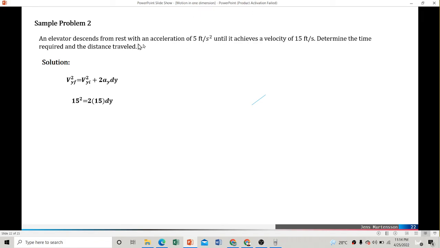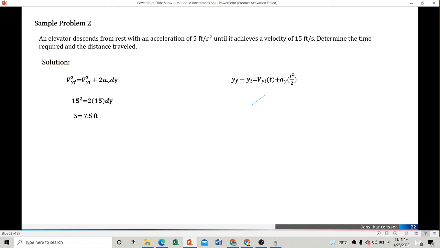It says until it achieves a velocity of 15 feet per second, so this value is the final velocity. That's why the velocity yi squared cancels out. So what remains is 15 squared is equal to 2 times 15 times dy, or y final. Okay? So our final distance is equal to 7.5 feet.